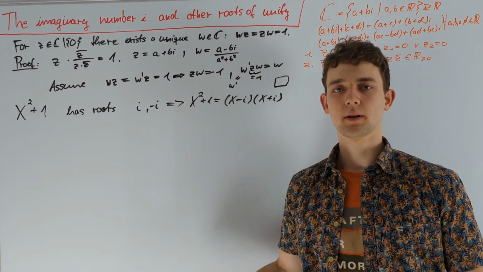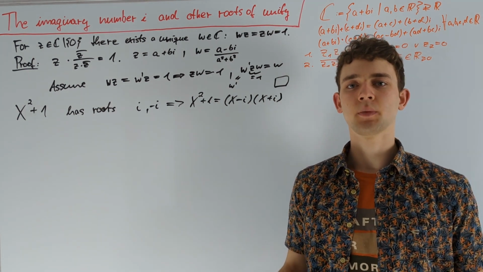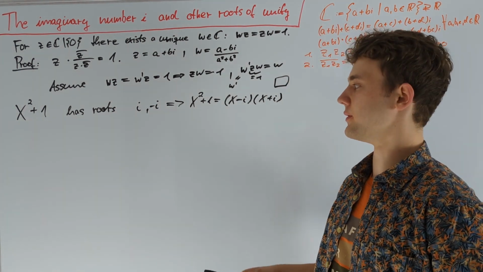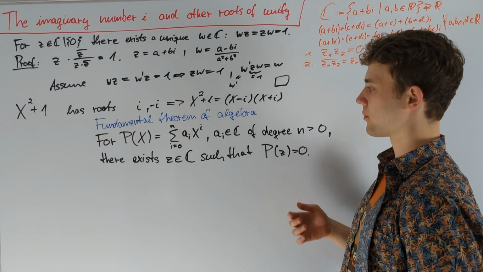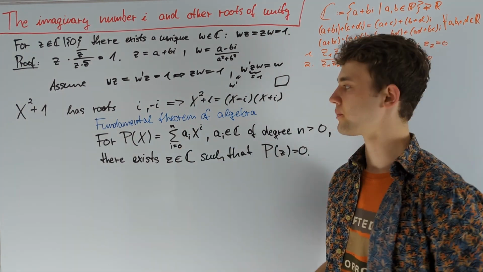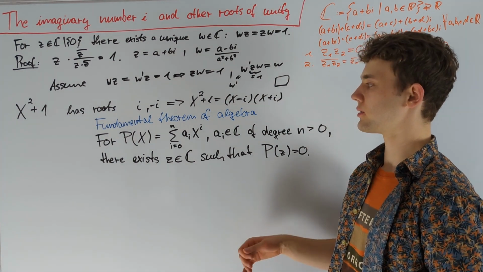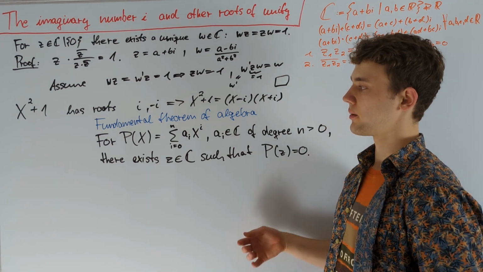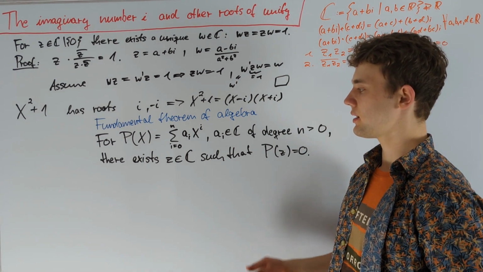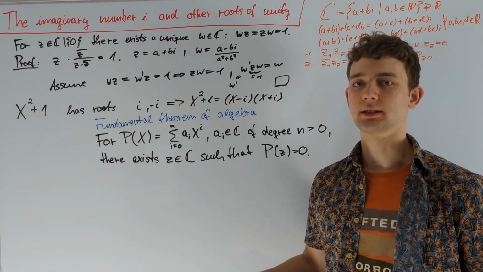That follows from the fundamental theorem of algebra, which is really important to know in the context of complex numbers, but we do not need a proof here because it is a little bit out of the scope of this video. It is concerned with polynomials with complex coefficients of degree n greater than 0. Because the real numbers are a subset of the complex numbers, this also implies the same statement for polynomials with only real coefficients. And the statement is that we can always find a complex number z such that p of z is equal to 0.